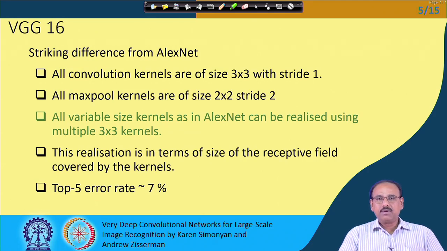However, though AlexNet uses convolution kernels of different sizes, every convolution kernel of a different size can be realized using multiple 3 by 3 size convolution kernels. Let us see how we can do it.